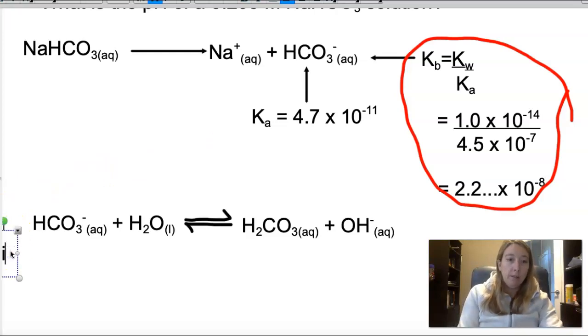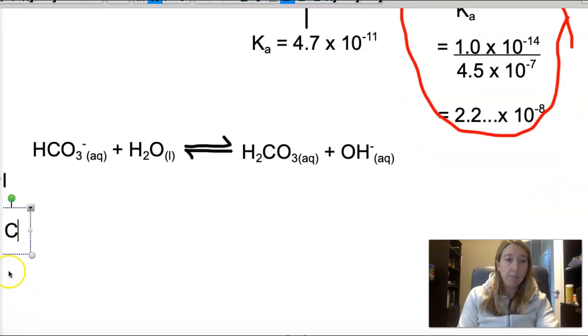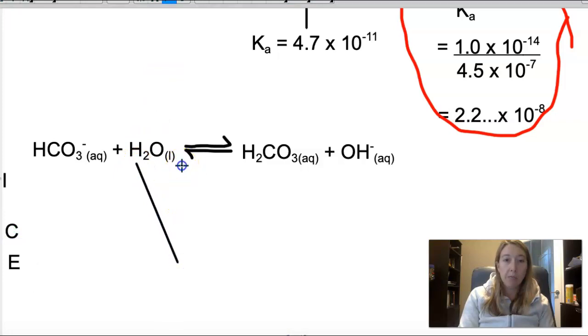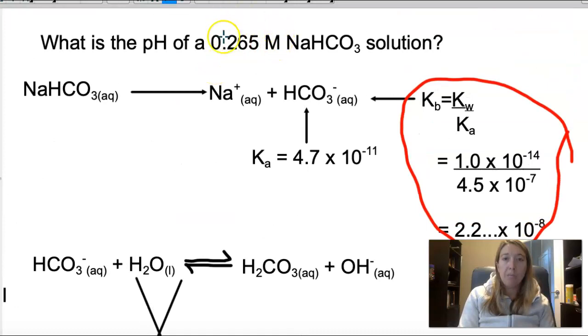Capital I, C, E. I am going to cancel out the water from this ice table because it's a liquid. All right, so the pH of a 0.265 molar sodium hydrogen carbonate solution. So when I look at my dissociation equation, everything was a 1-to-1 ratio.